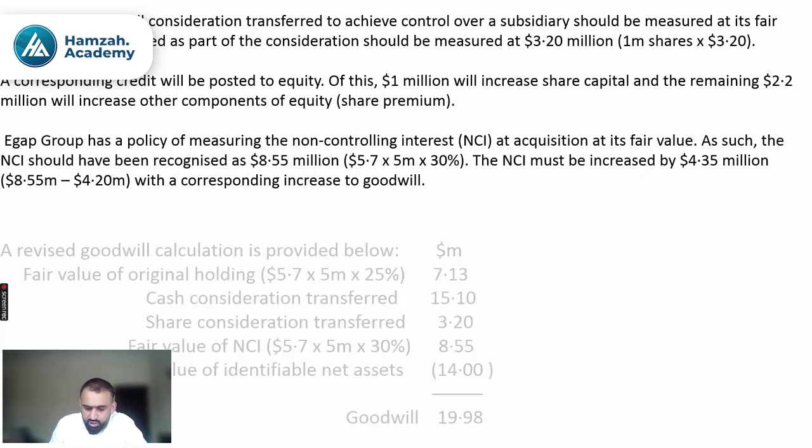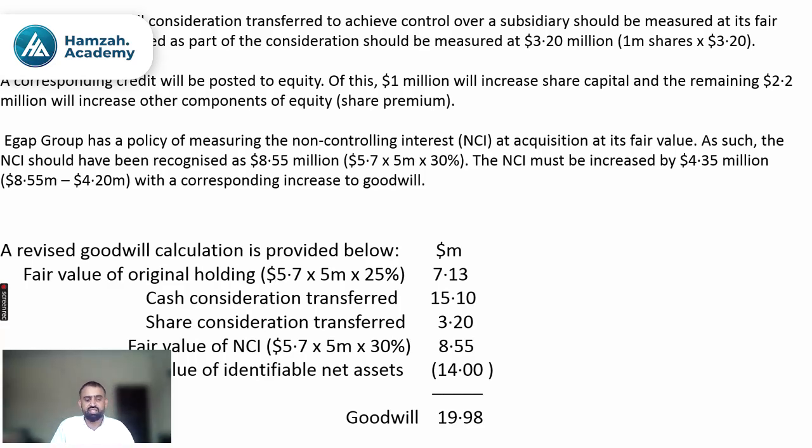And after doing all these things, obviously there will be a change in goodwill as well. So the fair value of the previous investment 7.13, cash consideration, share consideration, fair value of the NCI, and fair value of the net assets.